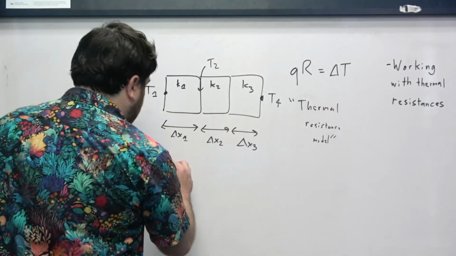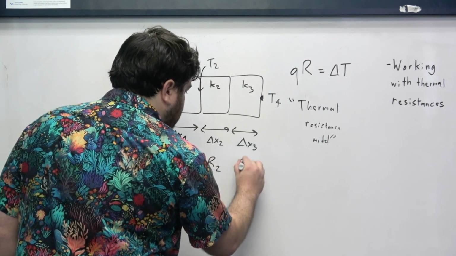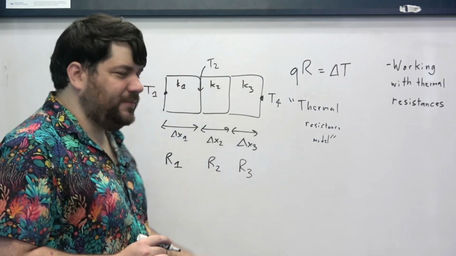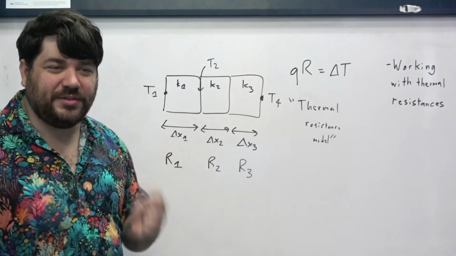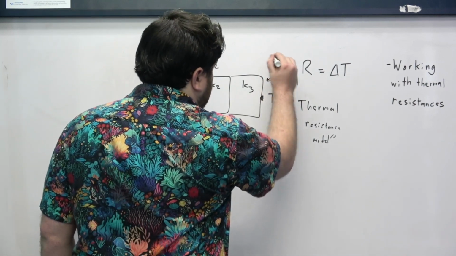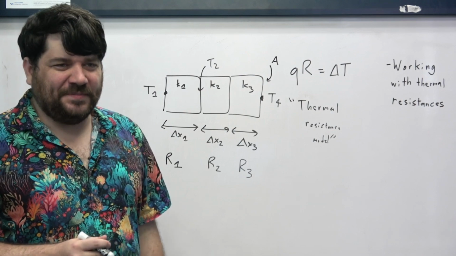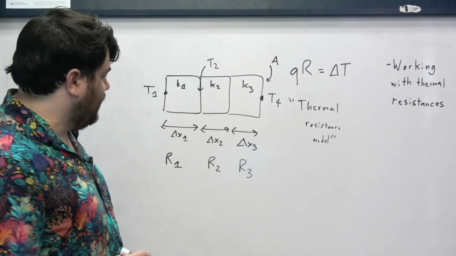We can define a thermal resistance for each of these walls based off of their geometry and their material properties, right? Based off of the K, their thicknesses, and also the cross-sectional areas, which for the moment we're just going to assume are the same, right?